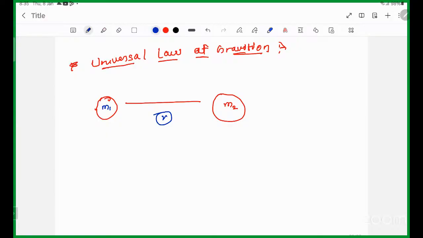Now the force is directly proportional to the product of two masses and inversely proportional to the square of the distance.